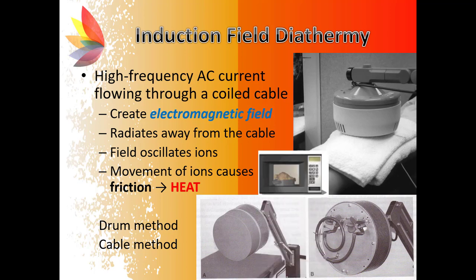This is similar to how a microwave oven heats up food. Induction generators produce the greatest amount of heat within the muscle layer directly beneath the coil. Inductive shortwave diathermy is non-tissue type specific and is considered to be safer than capacitive.